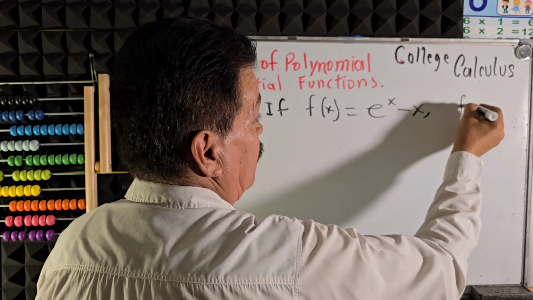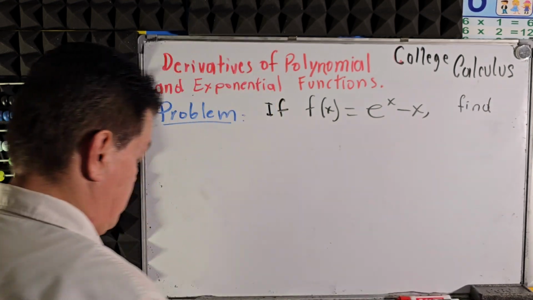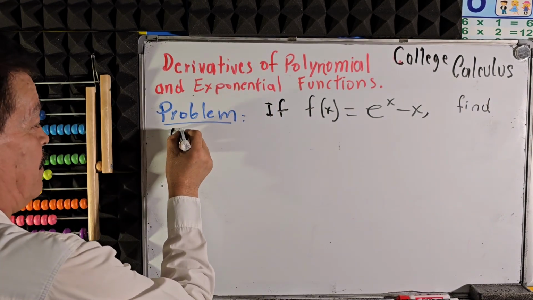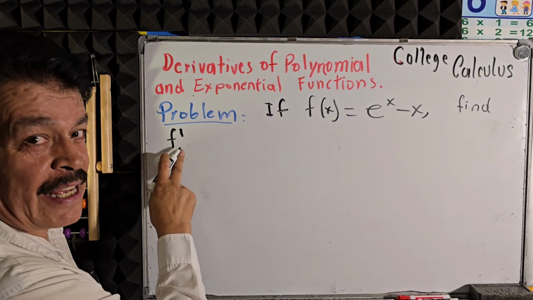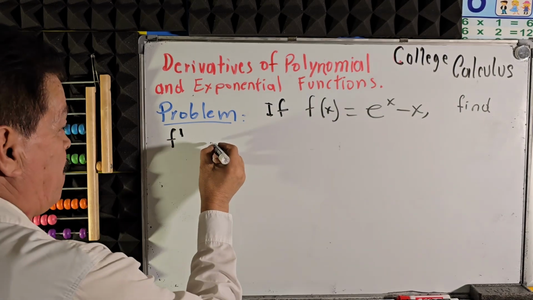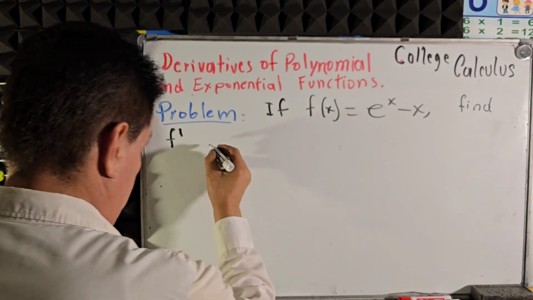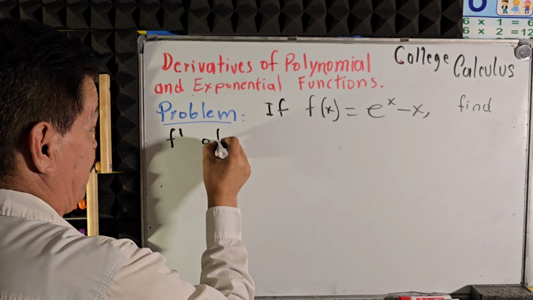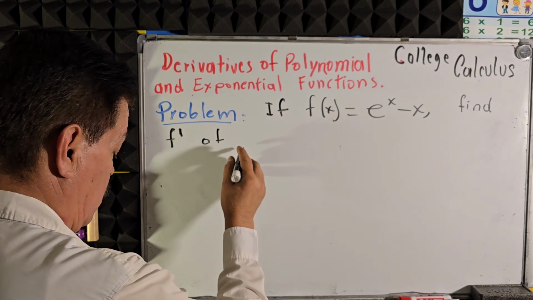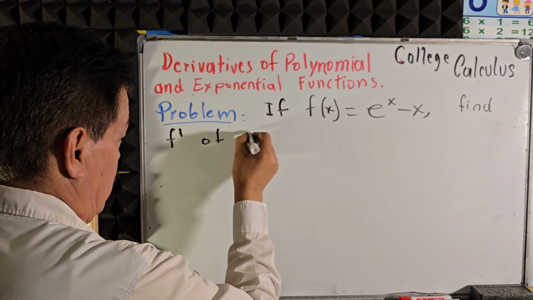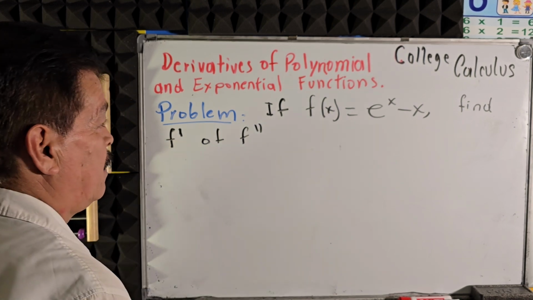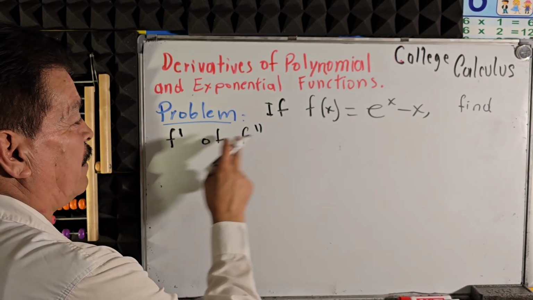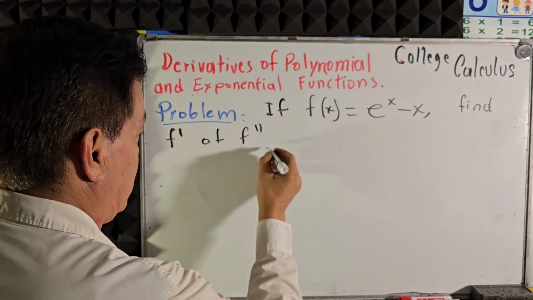We have to find f prime, the derivative, and then also f double prime, the second derivative.